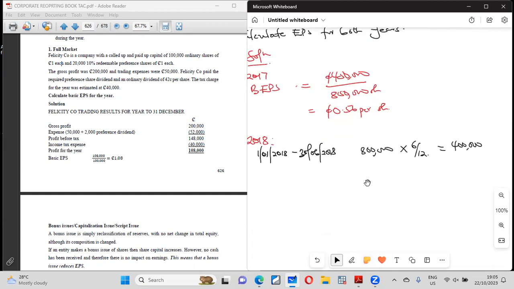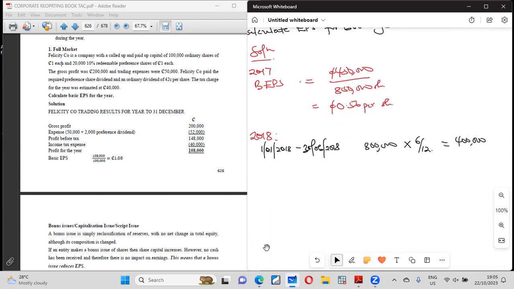All right, that is what you get. Then in July 2018, according to the question, they issued 200,000 shares.